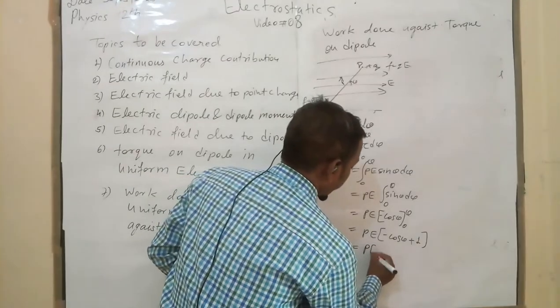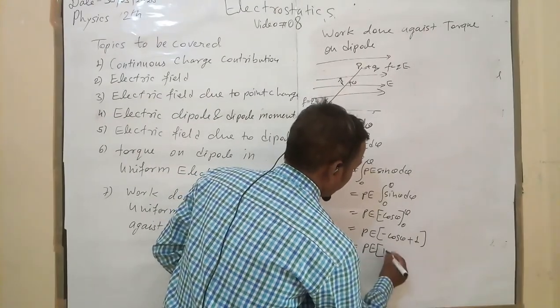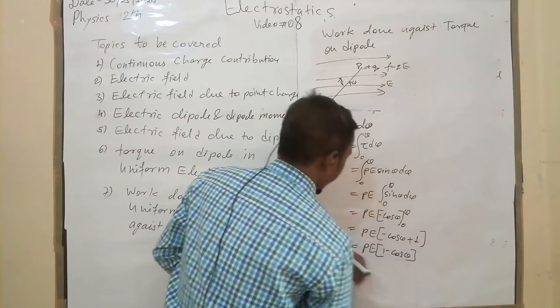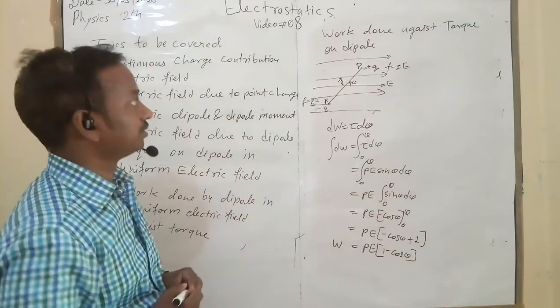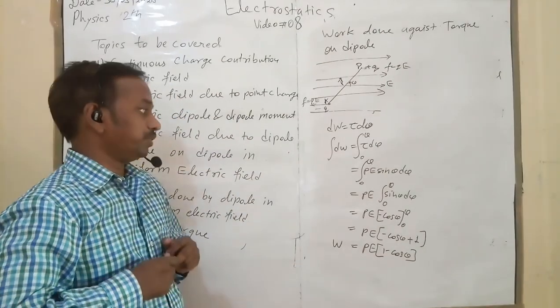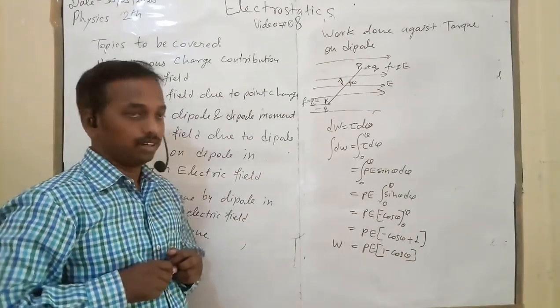So final expression is pE times (1 minus cos theta), that is the total work done on turning effect of a dipole in a uniform electric field.